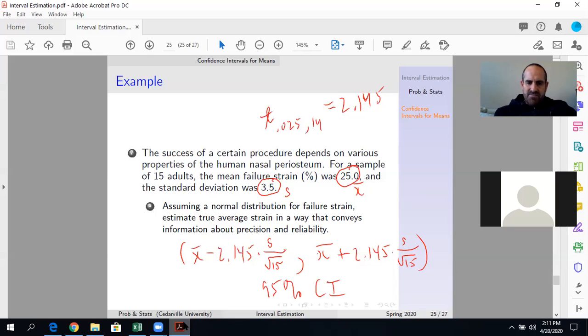Does that make sense, Ryan? Yeah, so you just have to choose a confidence level that's pretty high. Yeah, that's it. It just estimates the true average strain in a way that conveys information about precision and reliability. In the lecture, I said we would just have to know a specific alpha level.